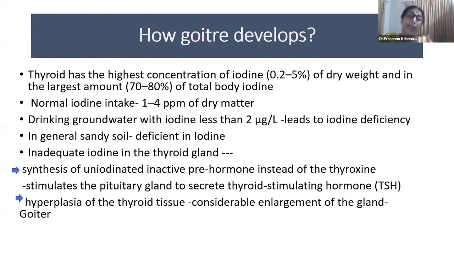This stimulates the pituitary gland to secrete thyroid stimulating hormone. The thyroxine is not there, so to meet the demand, the pituitary will give command to the thyroid through this TSH. And what will happen? The thyroid tissue will show hypoplasia, and that will be seen as a considerable enlargement of the gland. That we call goiter.